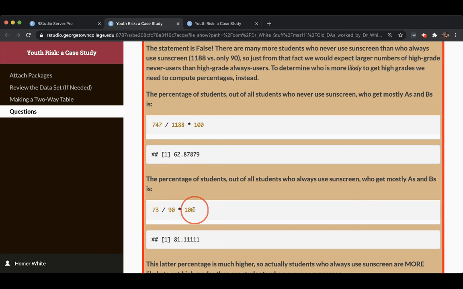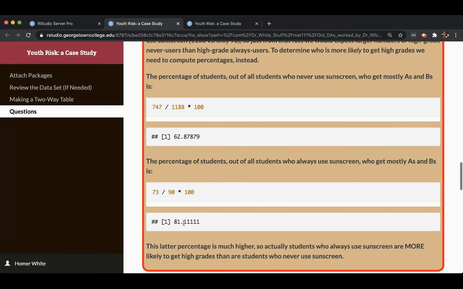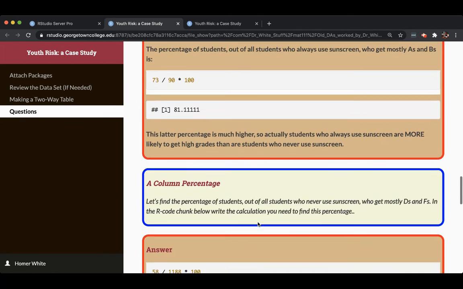So that's 73 over 90 times 100 to make it a percent, and that's 81%. So actually 81% of the people who always use sunscreen get A's and B's. Only 62% of the people who never use sunscreen get A's and B's. So it seems like it's really the reverse of the way that the question suggested after you compare percentages.